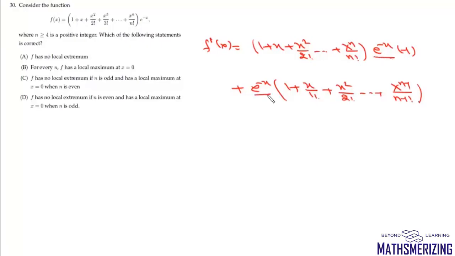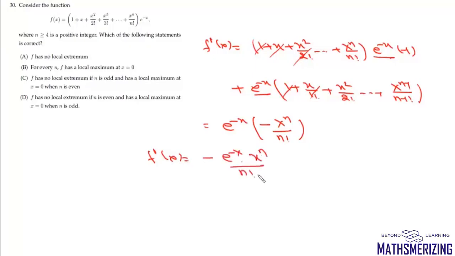Now we take e to the power minus x common. Then 1 will cancel, x will cancel, x square upon 2 will cancel, and we get minus x to the power n upon factorial n. So f dash x will be minus e to the power minus x into x to the power n upon factorial n. The only critical point in this case is x equals 0.